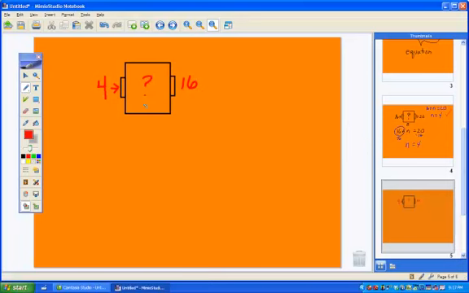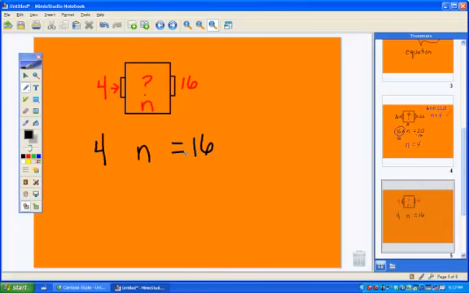So what would n represent? Go ahead and pause the video and see if you can figure out what you think n is going to represent. Okay, so we have 4. We know our unknown is n, and we know that it's going to equal 16.